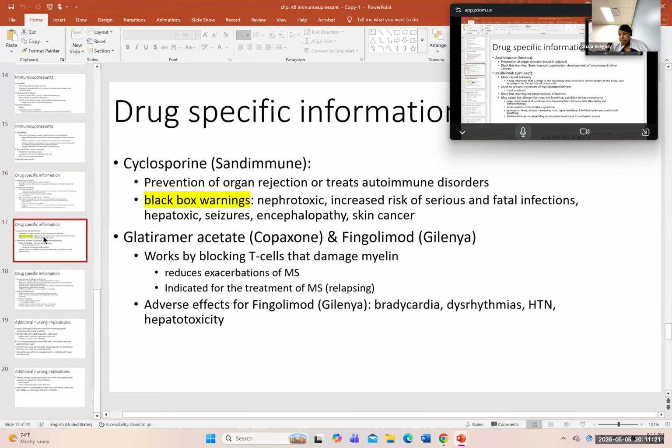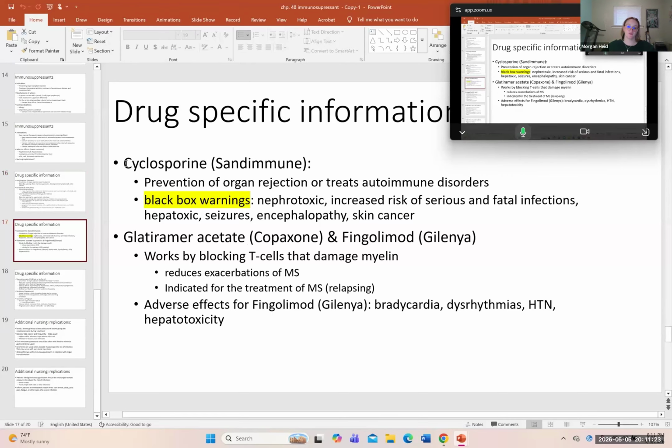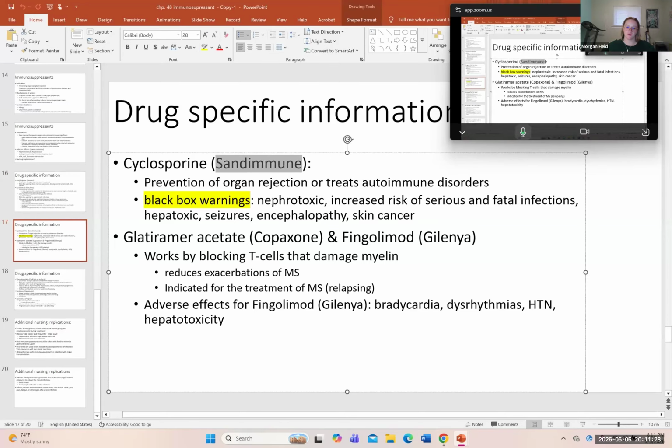Okay. This one right here, cyclosporine or Sandimmune, however you pronounce Sandimmune. The only thing I need you to know about this is the black box warning right here. So basically, it can cause, again, that nephrotoxicity. It can actually increase the risk of serious or fatal infections. So you could actually die from an infection that this one causes.